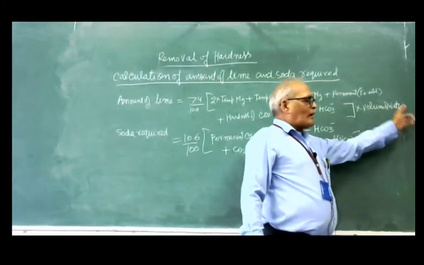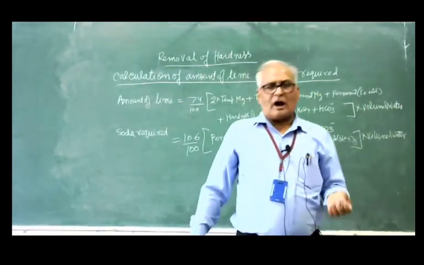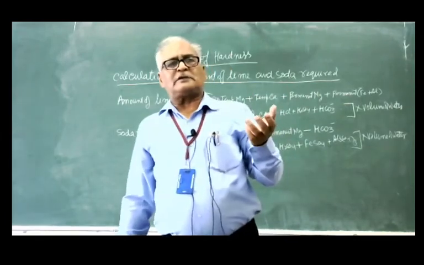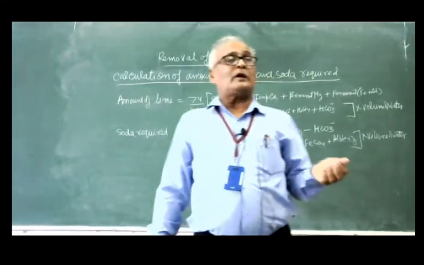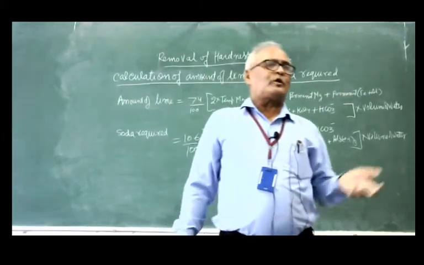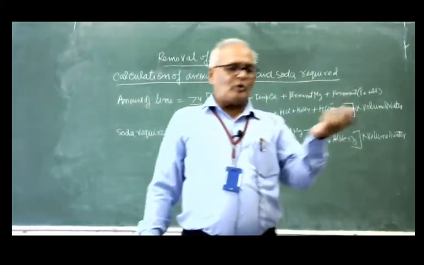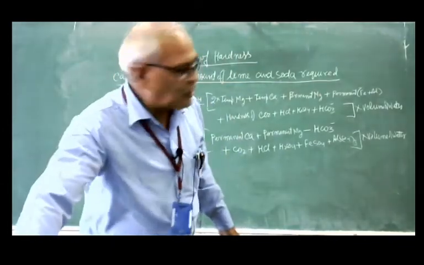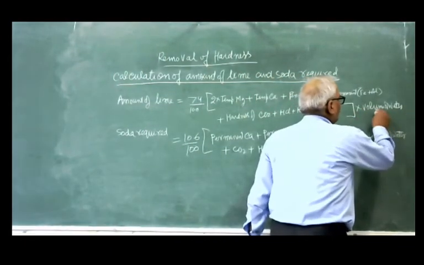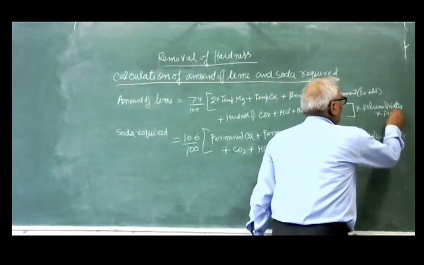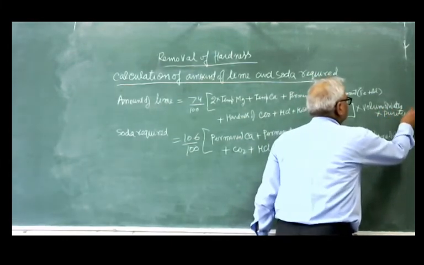the volume of the water. Sometimes somebody asks you that the lime supplied is not 100% pure, it is 90% pure, or 80% pure. So how will you calculate? Very easily, just change the formula: volume of the water into purity percentage.